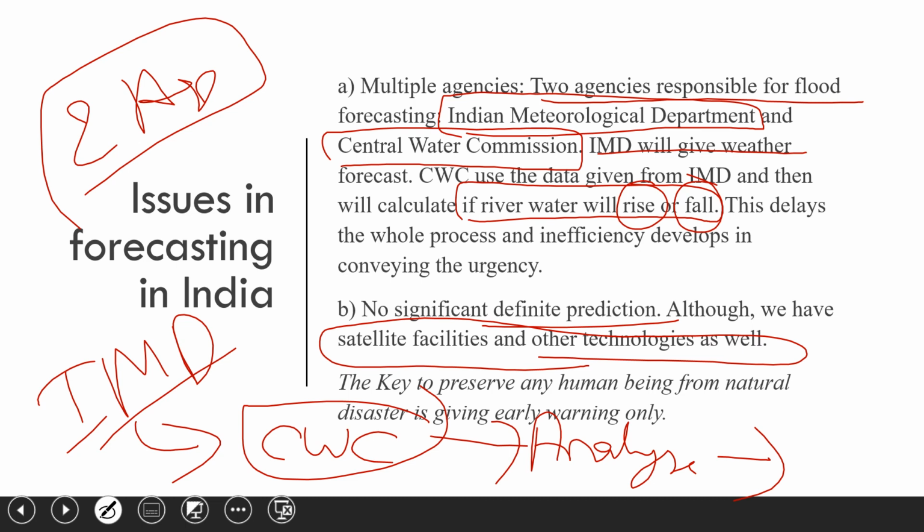The key to preserving any human being from natural disaster is only and only the early warning system. Nothing else you can do if you are going to face any natural disaster like earthquake, flood, or cyclone. The only key to preserve life and property is early warning.